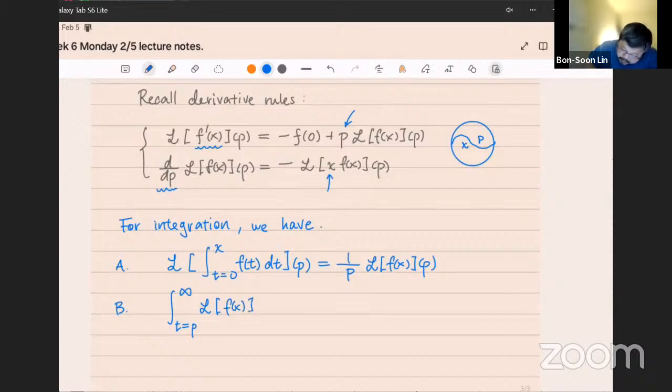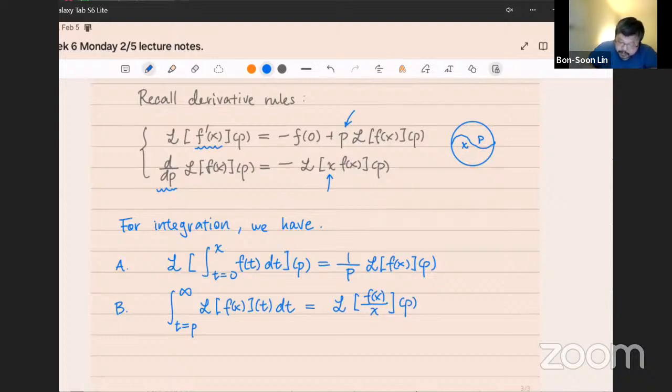Here the variable of integration, I want to write it as t dt. So if you integrate the Laplace transform of something starting from p to infinity, then what we're going to get is the Laplace transform of f of x divided by x. And again, the left side of this integral, you integrate from p to infinity.